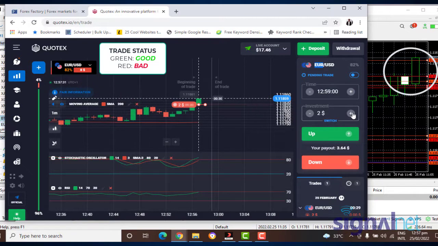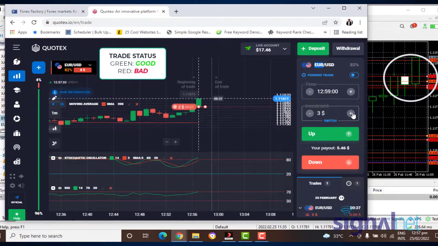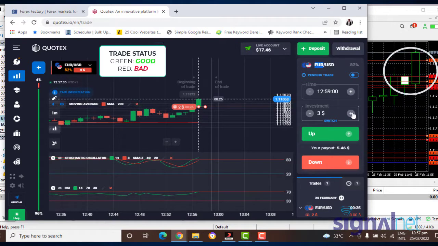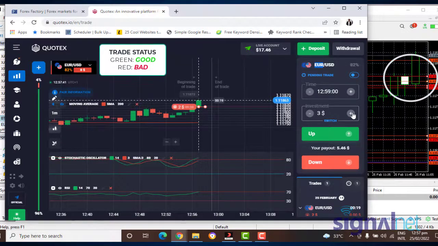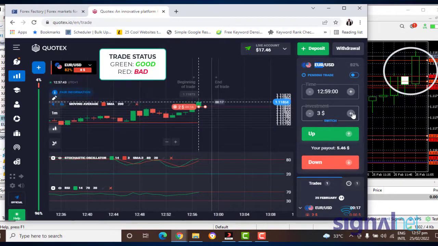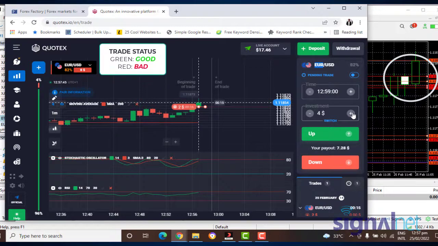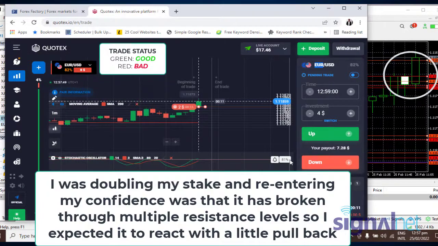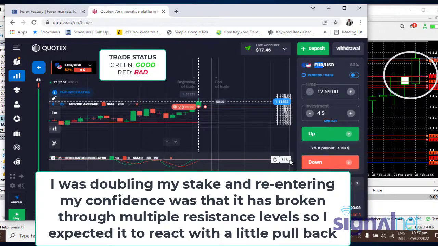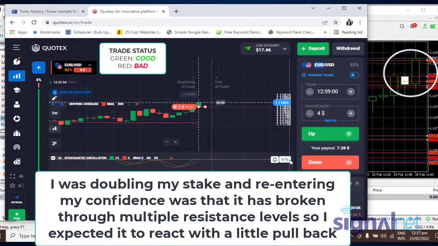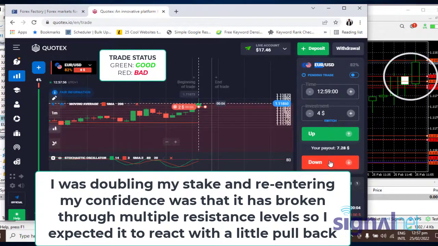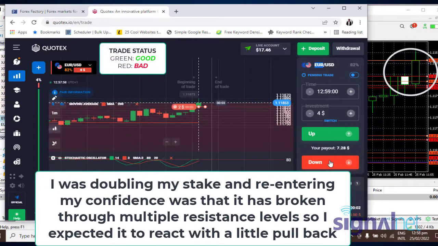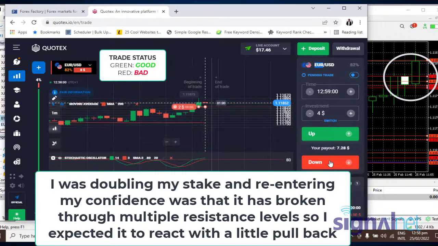So I'm going to try and enter in one more time. Although with the strength of the momentum, I'm a little bit concerned about that. But it has broken multiple levels, so I expect that at least it should pull back just a little.